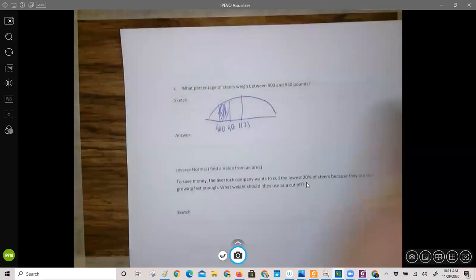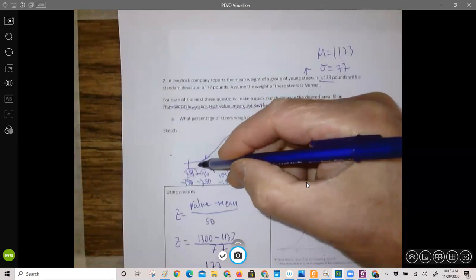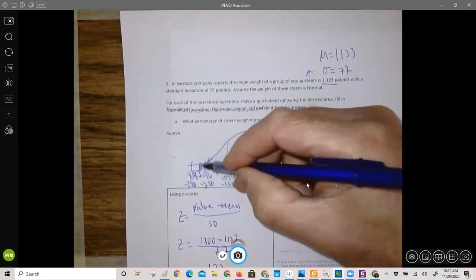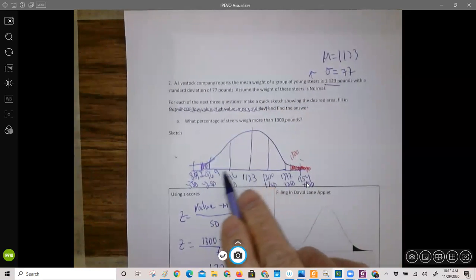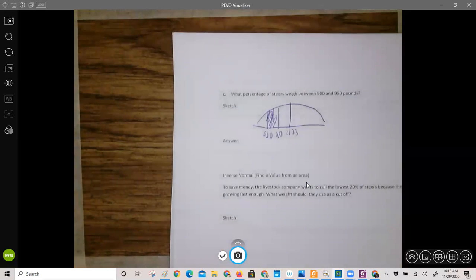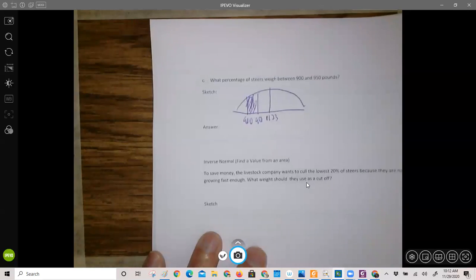Let's go back to that original normal curve here. 900 to 950, you see how that's all down here? So this is going to be a pretty small percentage, isn't it? Because that's out more than 2 standard deviations away from the mean. So we know there's going to be a pretty small answer. Okay, so let's go back to the applet.